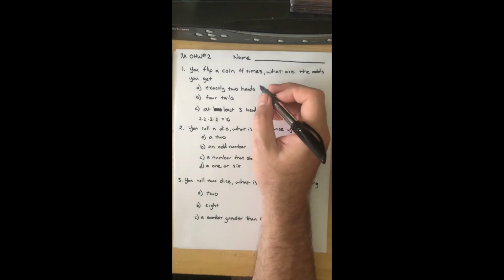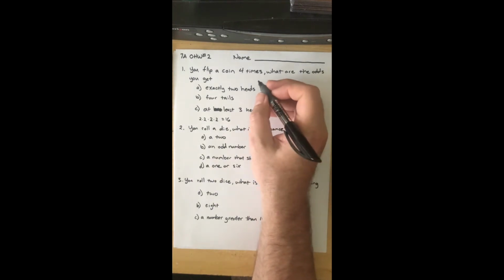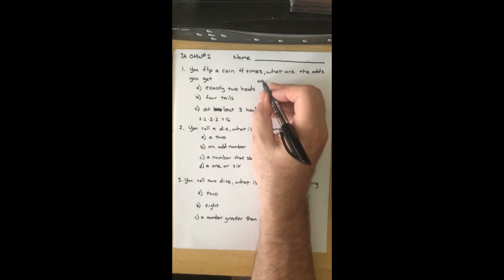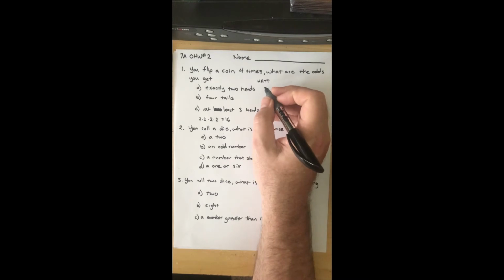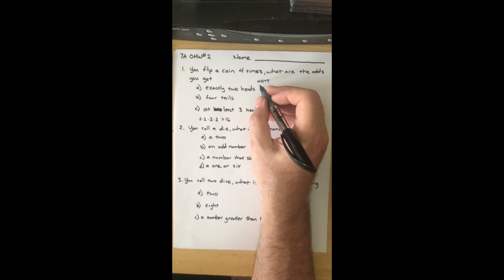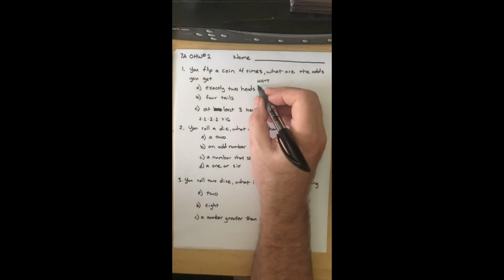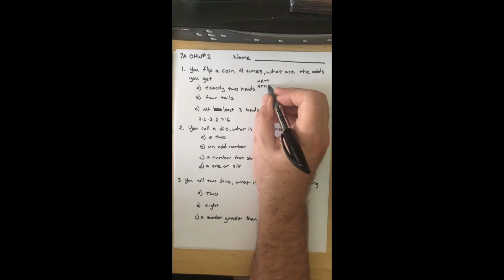Exactly 2 heads. So that means, let's look at the combinations. I could have heads, heads, first 2 flips, then tails, tails, last 2 flips. They don't have to stay together. So I could have heads, tails, heads, tails.